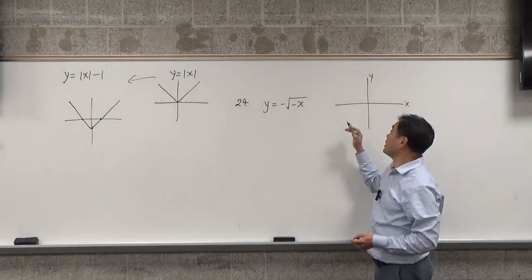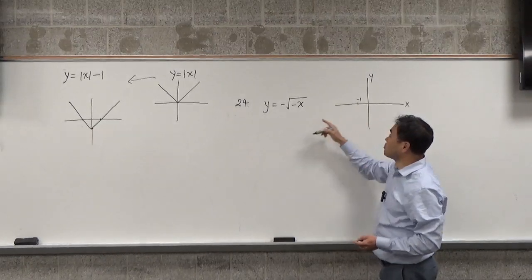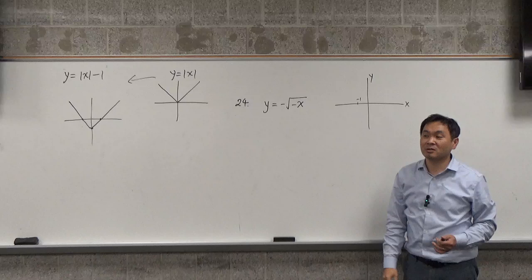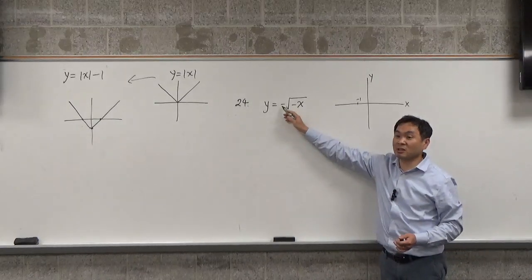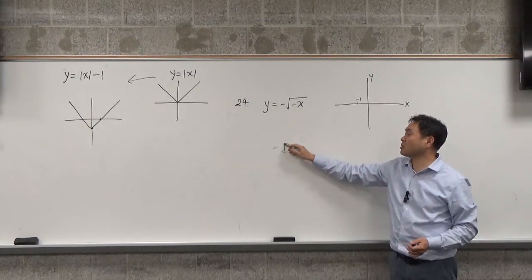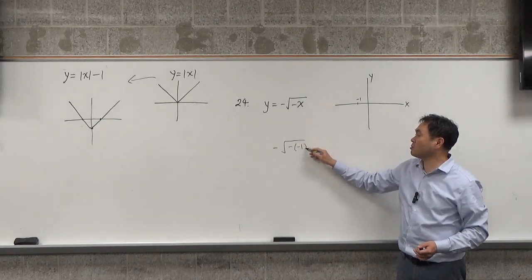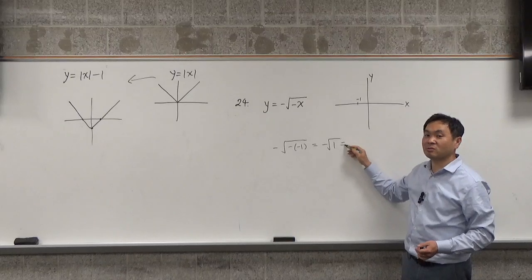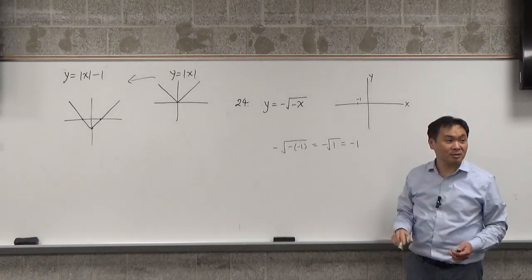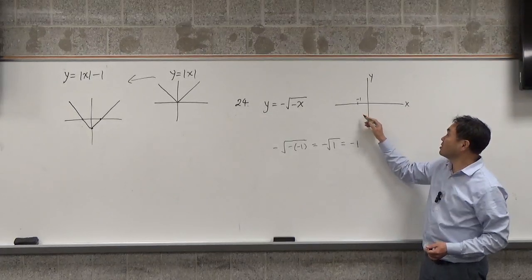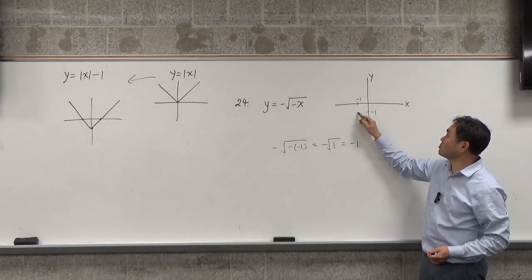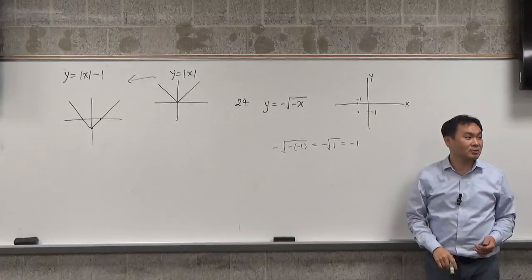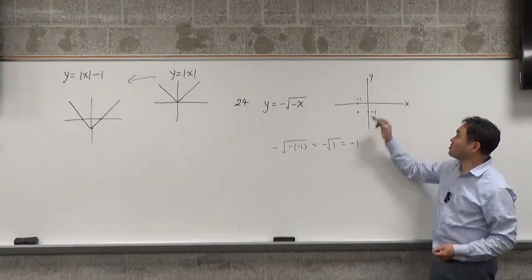Now, what would you get if you plugged in negative 1? Do you get positive 1 or negative 1? You get negative 1 because of this negative, right? So let's try it. If you plug in negative 1 into x, you get negative of square root of 1, which is negative 1, right? So at negative 1, it's negative 1. And at 0, it's 0.